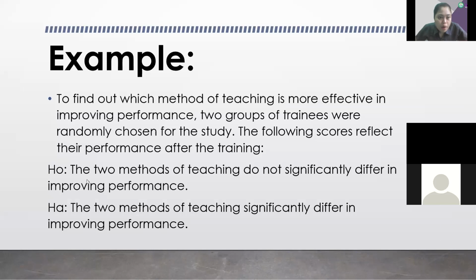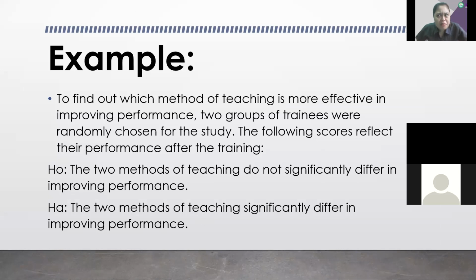So if we're going to come up with the hypothesis for the null, syempre the null is stated in the negative form. We have here that 2 methods of teaching do not significantly differ in improving the performance. Or actually can state this as there is no significant difference between the 2 methods of teaching in improving the performance.